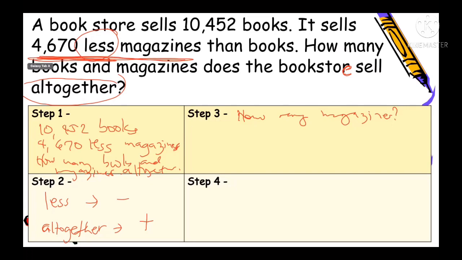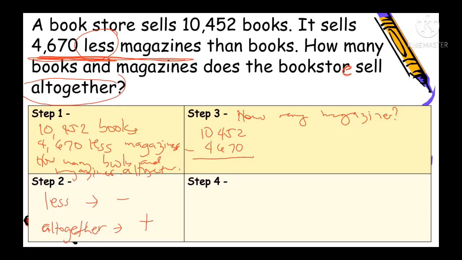So we need to find that one first. So we will put here 10,452 minus 4,670. Okay? We will do minus first. 2 minus 0.